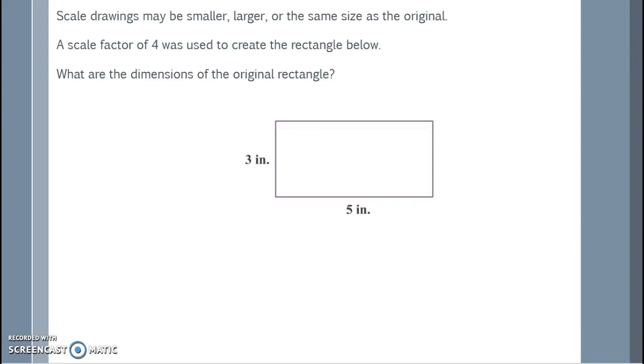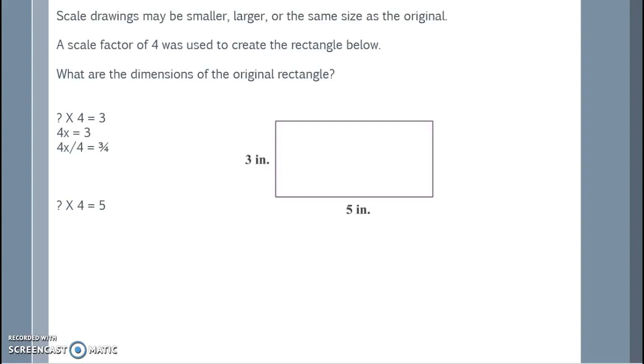A scale factor of 4 was used to create this rectangle below. What are the dimensions of the original? So we ask ourselves, what times 4 would give us 3, and what times 4 would give us 5? We do not know the original dimensions yet. So we can replace the question mark with a variable.